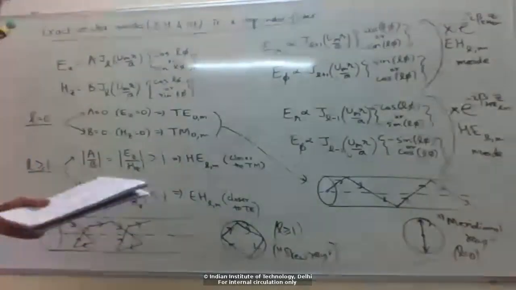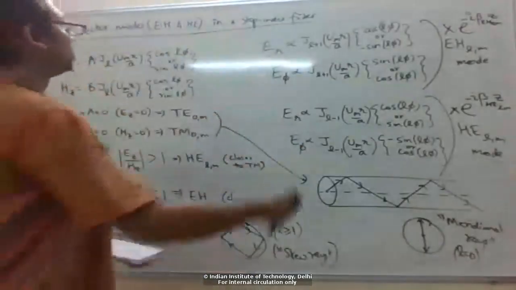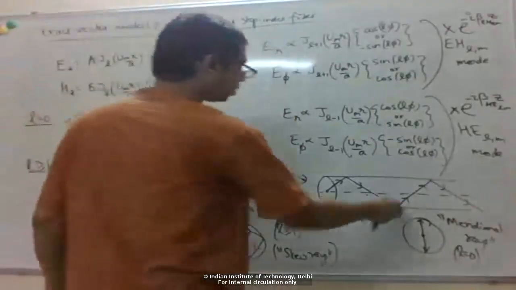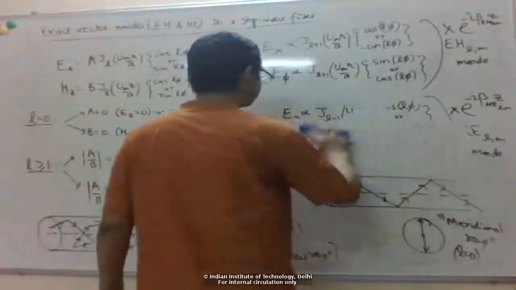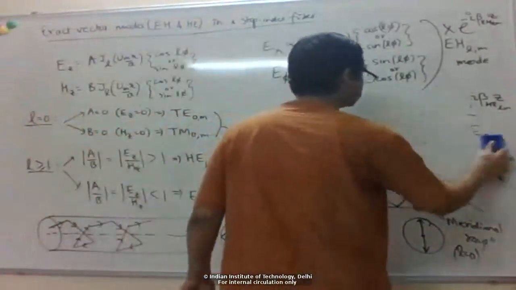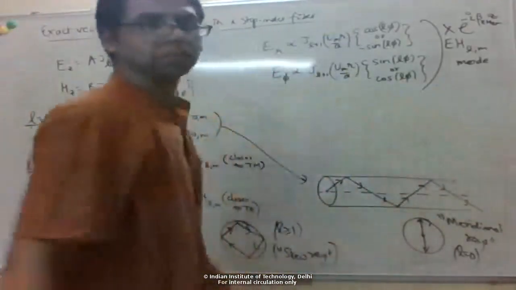Okay. And now if you look at the mode profiles themselves, right? So how does the electric field look around the core? They look very different from the LP modes. So one major difference is that the polarization will not be uniform, right?